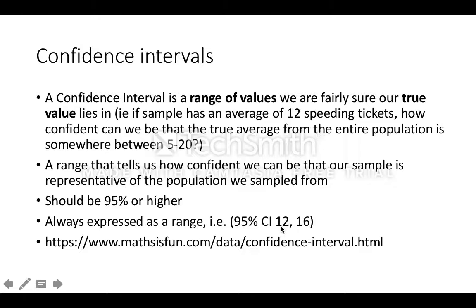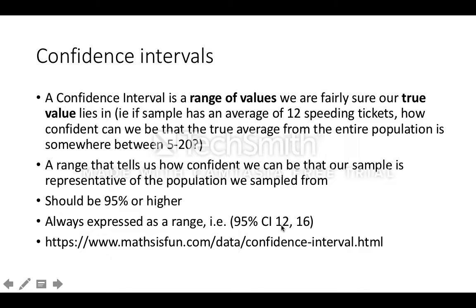What this is saying is that if the study result was somewhere between 12 and 16, we can be 95% confident that the result the study found does in fact represent the population.